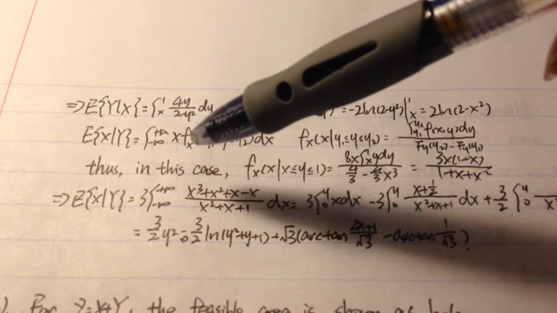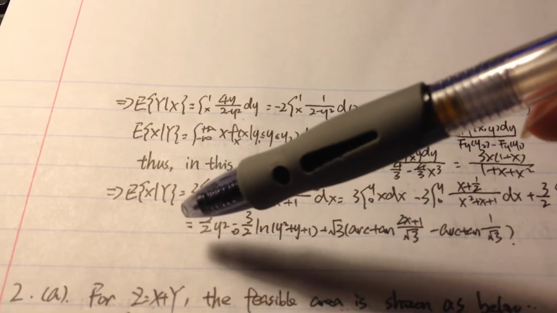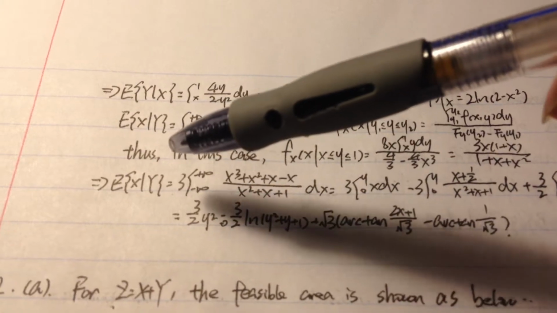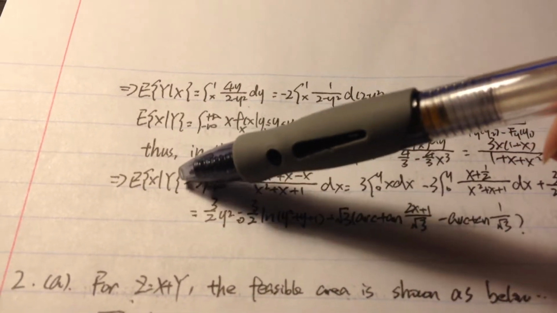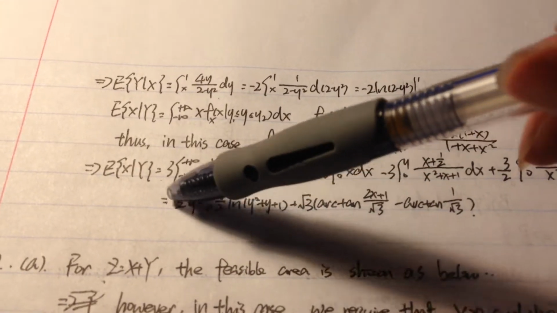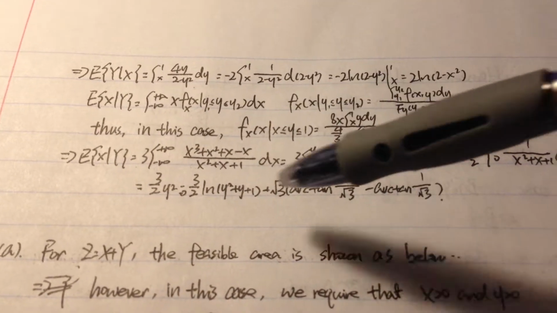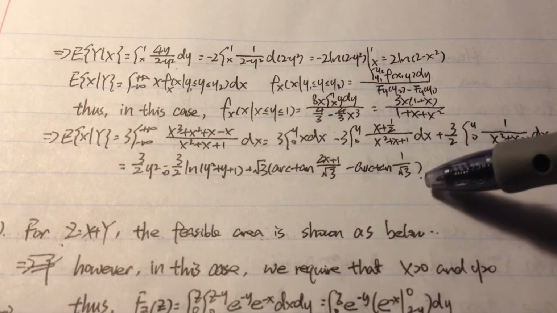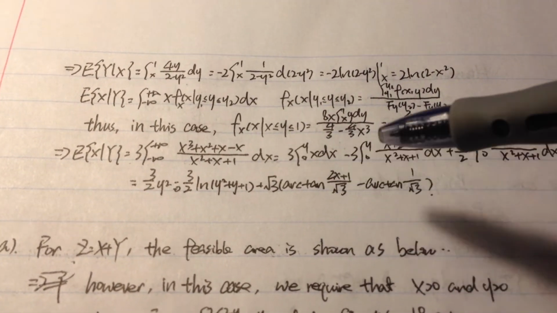In this case we can calculate that when y is from x to 1, this mean equals this part, and we can calculate this result by some steps.